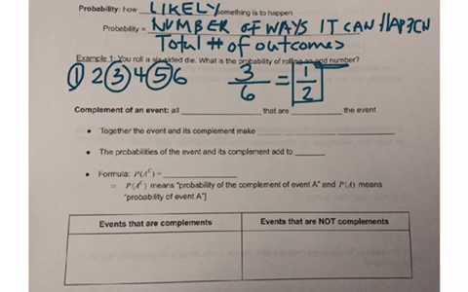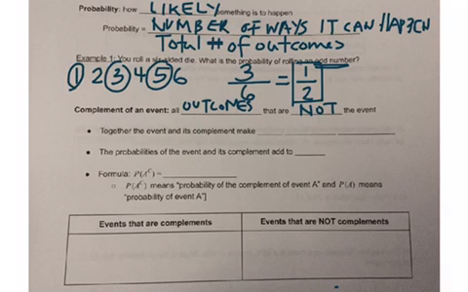In this lesson, your focus is to calculate the complement of an event. The complement of an event is all the outcomes that are not the event. Okay? So it's sort of like the opposite of the event you're talking about.